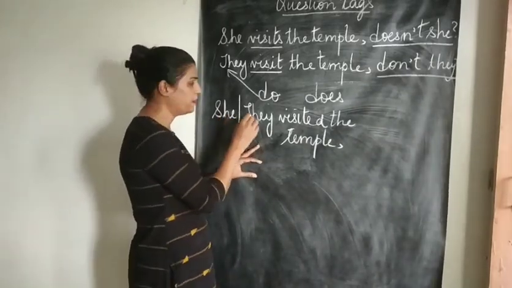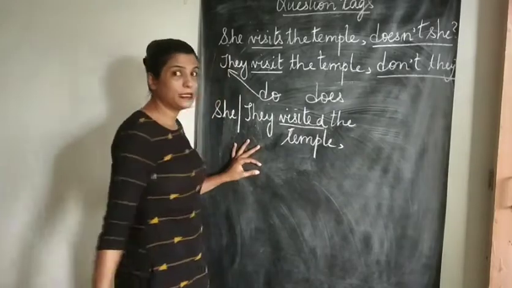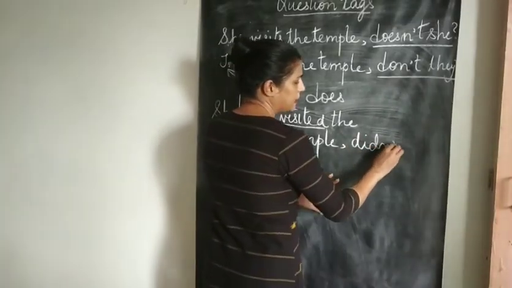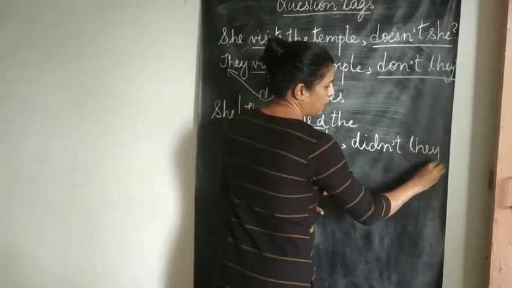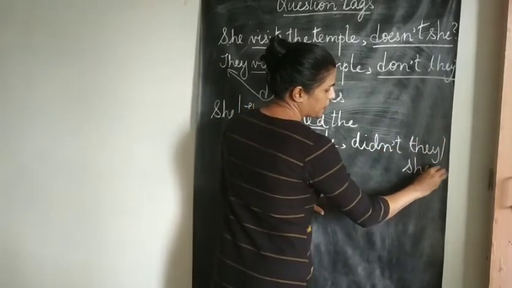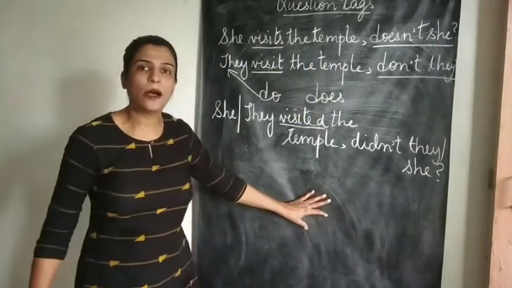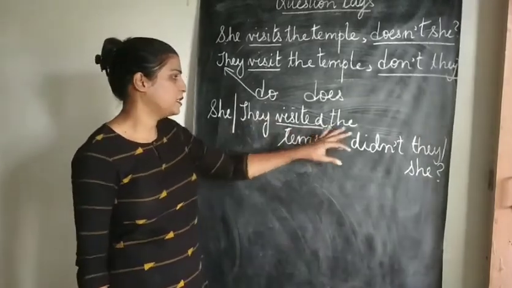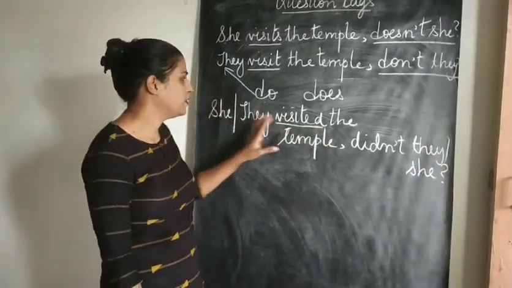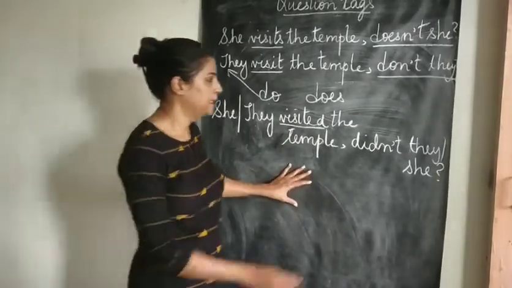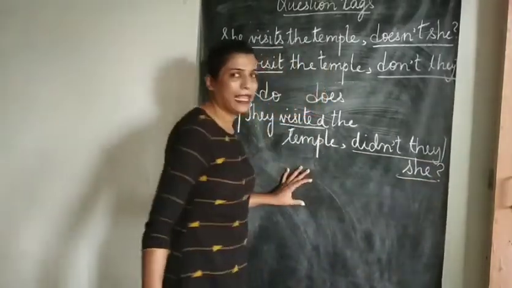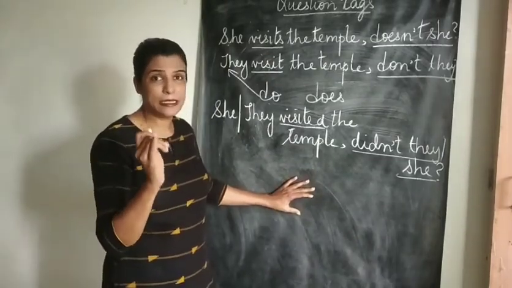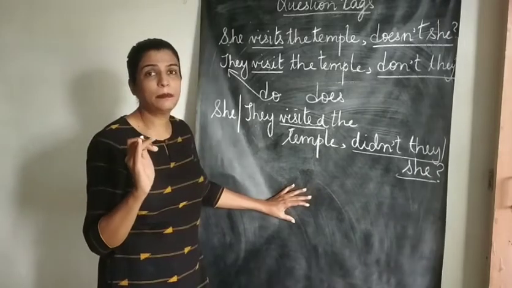Even if it is she, even if it is they, if your verb is in past tense, then the only and only answer you have to write is didn't they or didn't she, depending upon which pronoun you were using in that sentence. Okay? Like if I say she visited the temple, I would say didn't she? They visited the temple, didn't they? So this would be your answer for the simple present tense and the simple past tense.